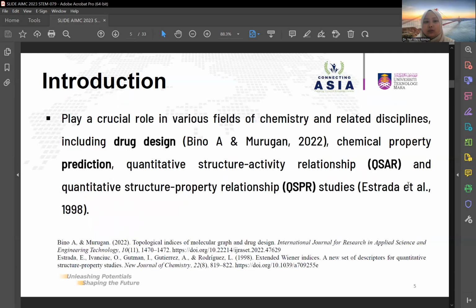The topological indices also play a crucial role in various fields of chemistry and related disciplines, including drug design, chemical property prediction, quantitative structure activity relationship, QSAR, QSPR, and recently I also found a study that analyzed the vaccine of COVID-19 by using topological index.